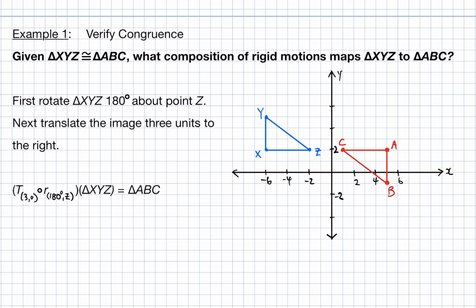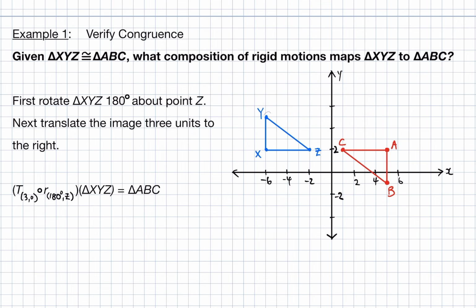So in other words, what sort of translation, rotation, reflection, if any of those, has to occur so that XYZ maps to ABC? Okay, so the first thing we're going to do is rotate XYZ about point Z. Imagine taking this triangle and just rotating it about point Z.